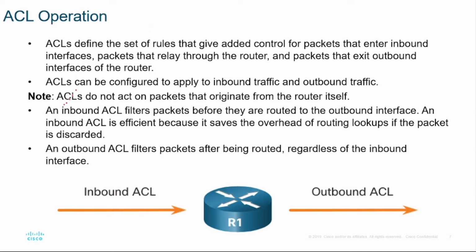As you can see in this figure, all traffic that is coming into the interface of the router is considered an inbound access list. And traffic that is coming out from the interface of the router is called an outbound access control list.